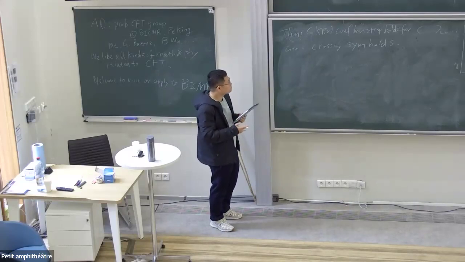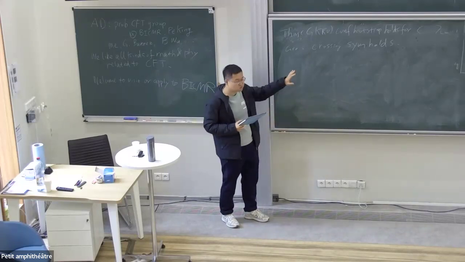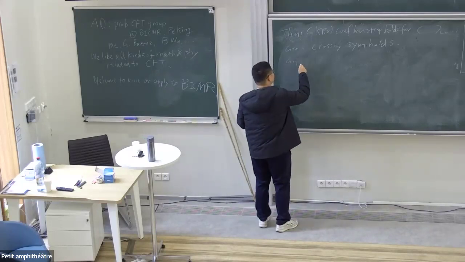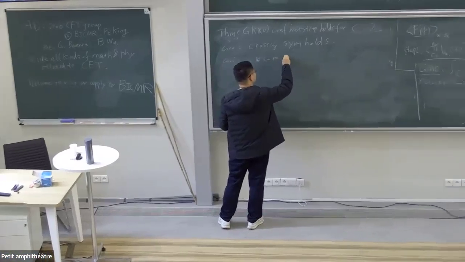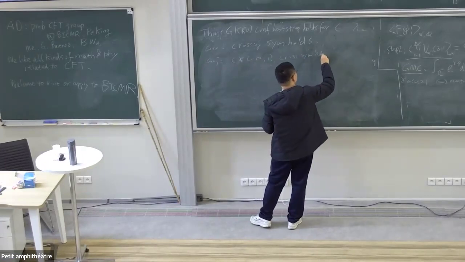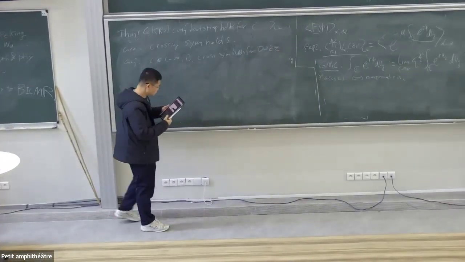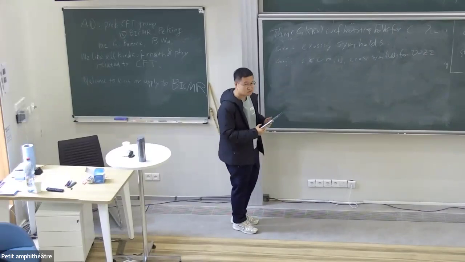And one interesting question is that it is believed that this crossing symmetry should also hold for the central charge smaller than 25, actually, for c not in this range. And this is something not proved.